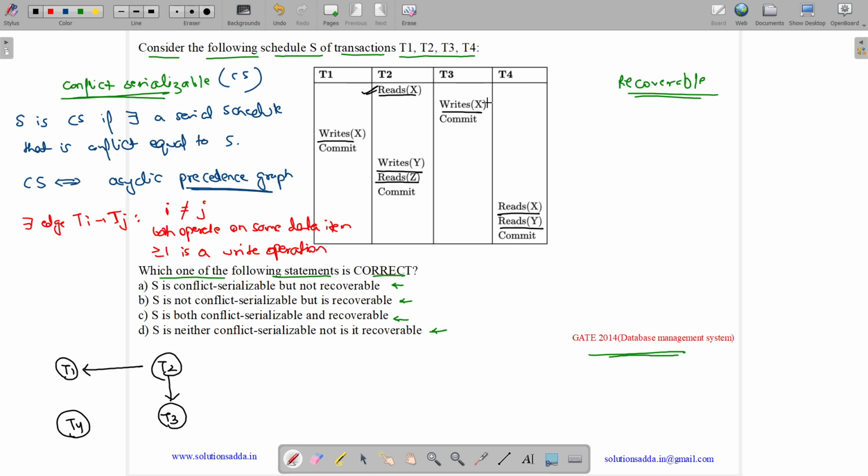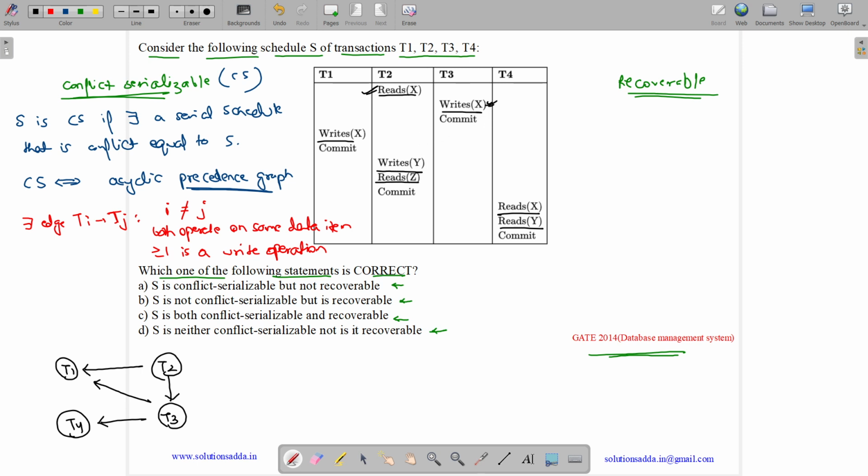Let us see for write of X. So write of X can have an edge with read of X. So T3 to T4 there is an edge. It can't have one with read of Y because of different data item. It can have one with this write of X because same data item, different transaction, and one is a write. So T3 to T1 will also be an edge. Now T3 to T2 won't be an edge because X is not present.